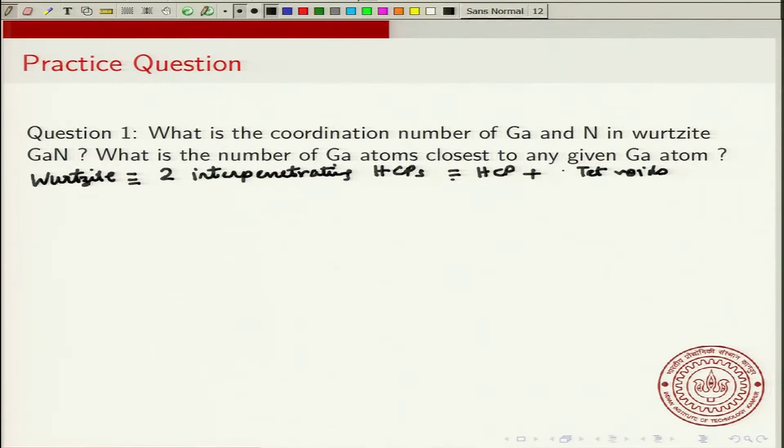Now what will this structure look like? If you have an HCP, let me show the sulfide ions in red. And I am deliberately not showing them touching each other.